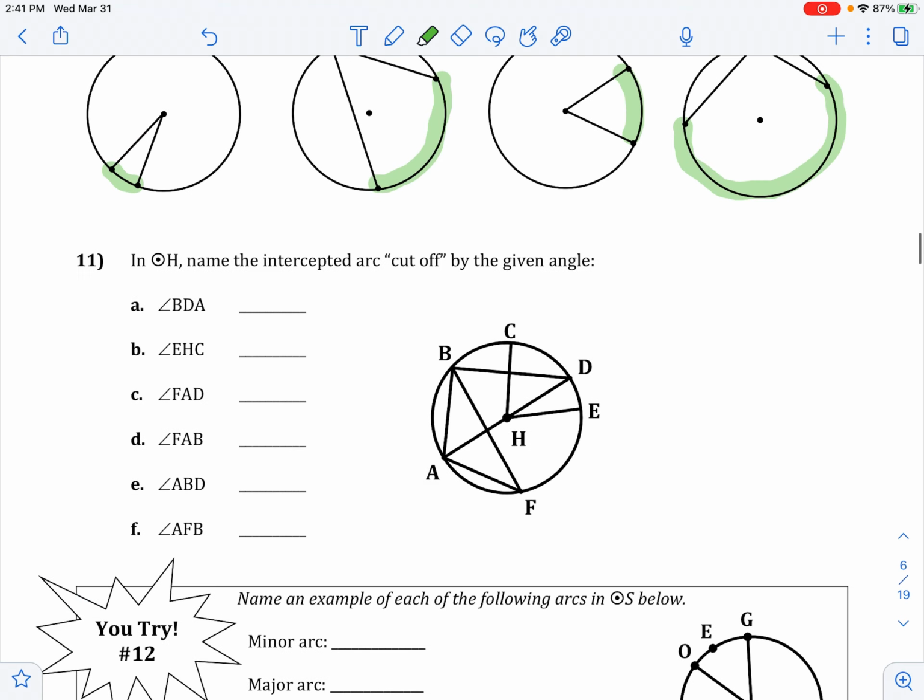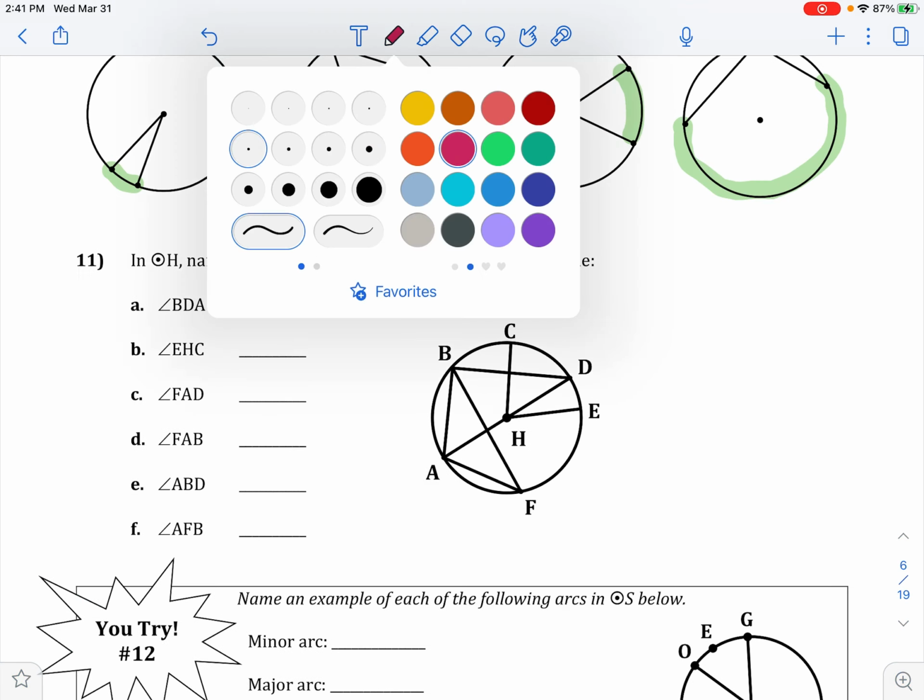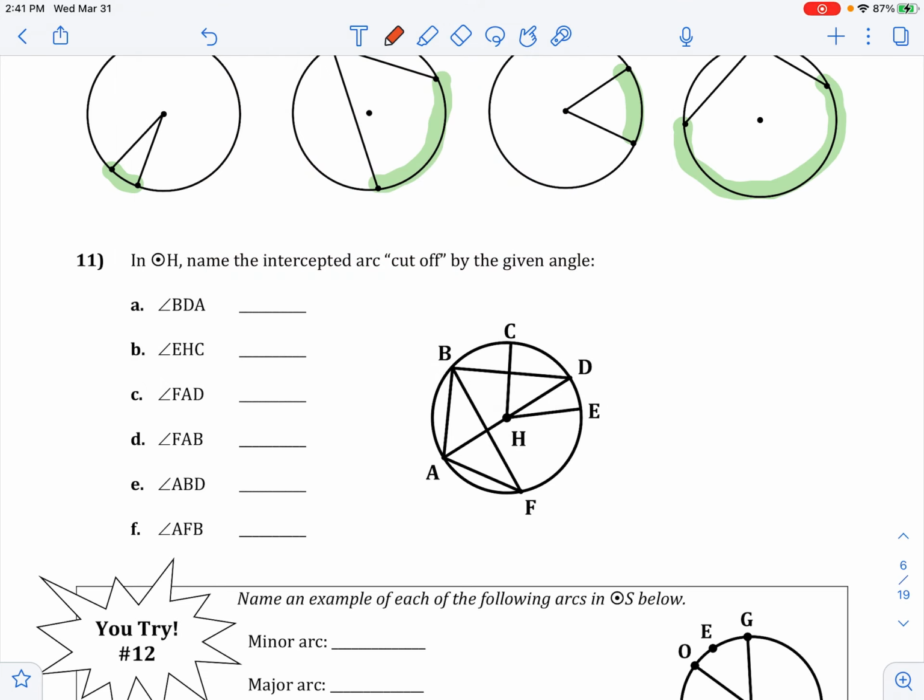Okay, so let's practice that here. We are going to answer some questions about some arcs that are cut off by an angle. We're going to find the angle BDA. There's B, there's D, there's A, so it's going to be arc BA or AB. That's what we mean by cut off by the given angle.